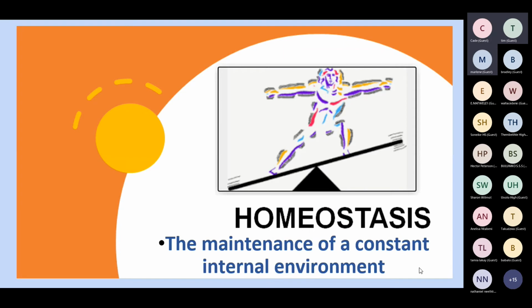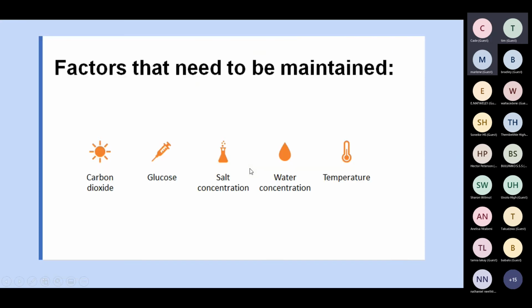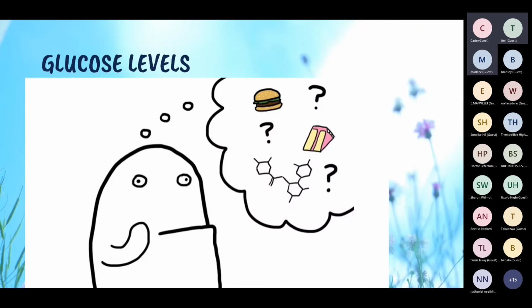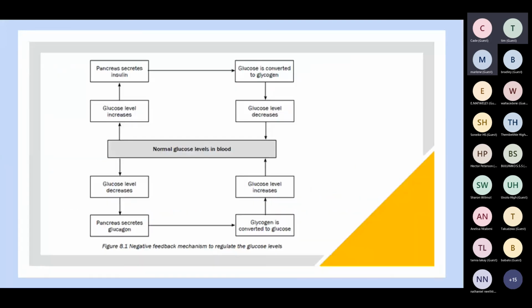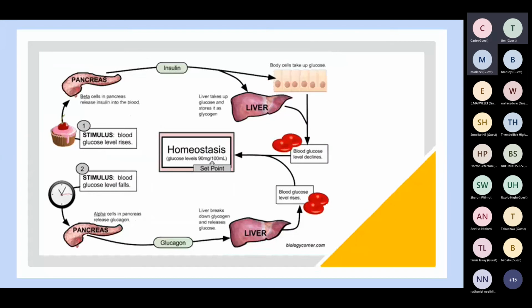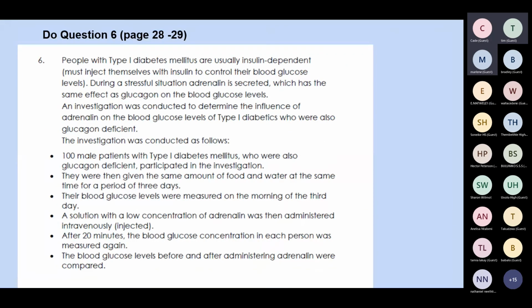We went through homeostasis, how we maintain carbon dioxide, glucose, salt concentration, water concentration, and temperature levels. Take note of the tables, the diagrams. This is glucose. We dealt with a question.